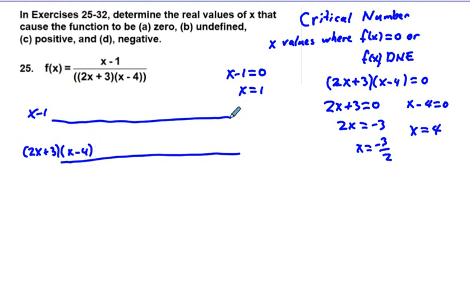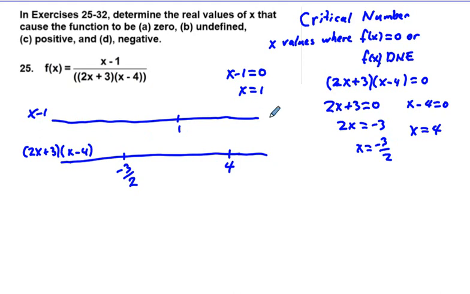Then we look at the critical numbers. The first one we introduce is negative 3 over 2, which goes right below the denominator number line. The next one is x equals 1, which goes below the numerator line. And finally, in the denominator again, we have x equals 4.